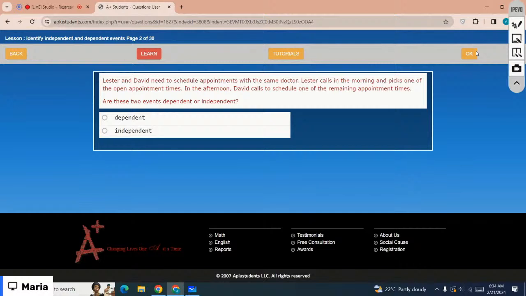Lester and David need to schedule appointments with the same doctor. Lester calls in the morning and picks one of the open appointment times. In the afternoon, David calls to schedule one of the remaining appointment times. Are these two events dependent or independent?